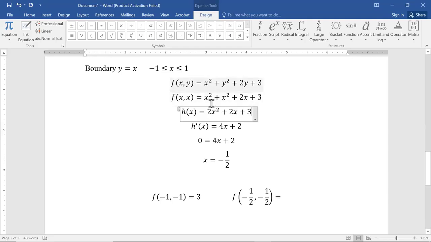These are the same two functions along this boundary. Either one will work. Plug in negative 1 half. And I ended up with a 2.5.